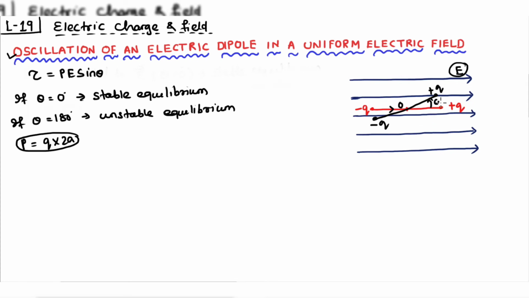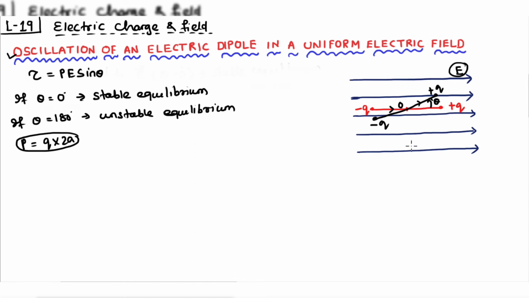So I have rotated through a very small angle theta in the anti-clockwise direction. Now a torque will act on the dipole. So the torque is equal to how much? PE sin theta, where theta is the angle between the P vector and E vector.